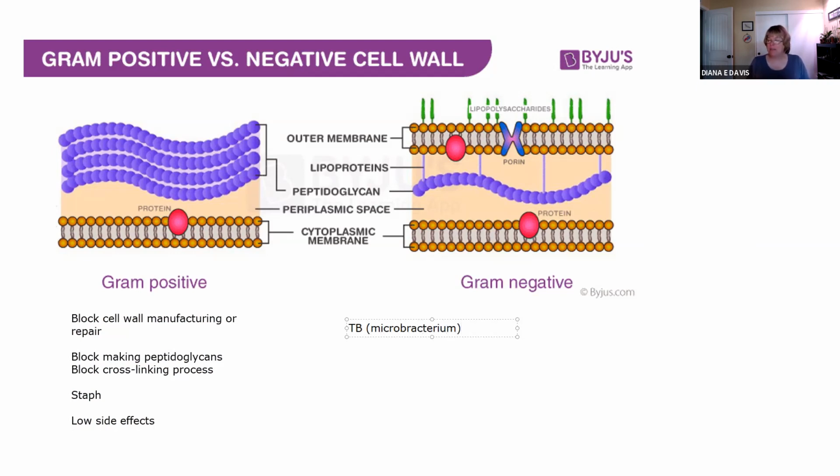It's not gram-positive or gram-negative. It's in a different category altogether. So, oh, here we go. Penicillin, cephalosporin. Those are your examples for gram-positive specific antibiotics.